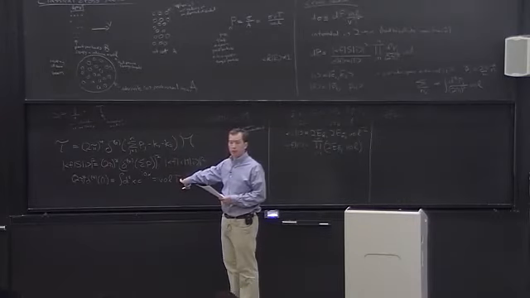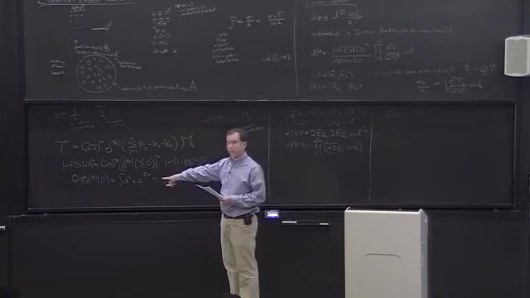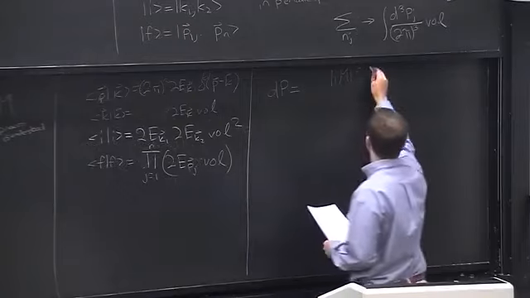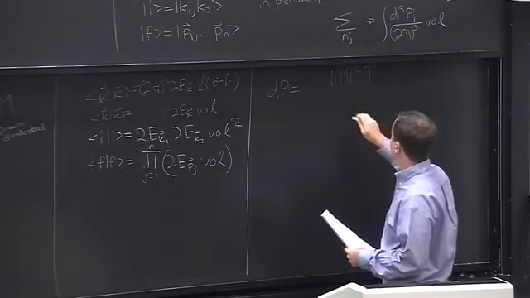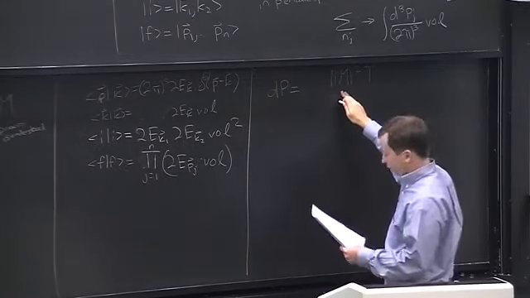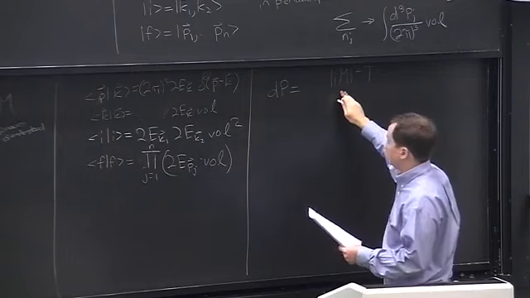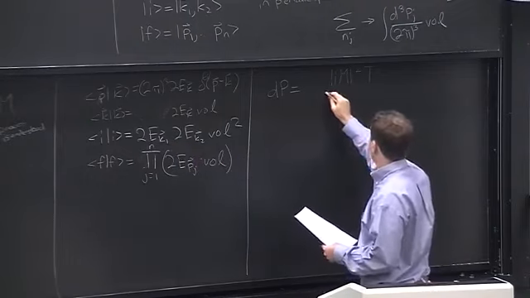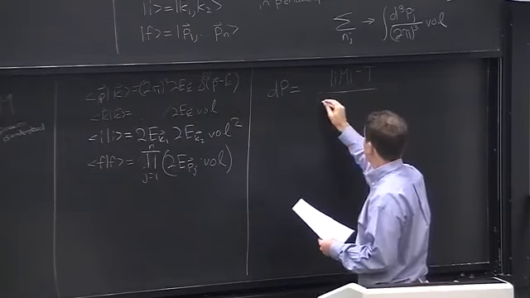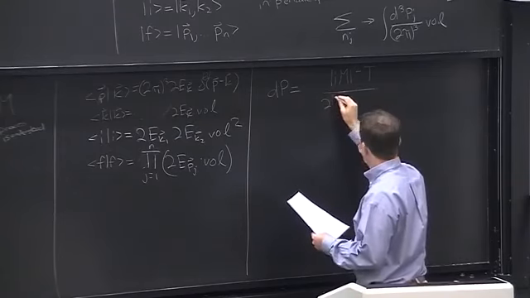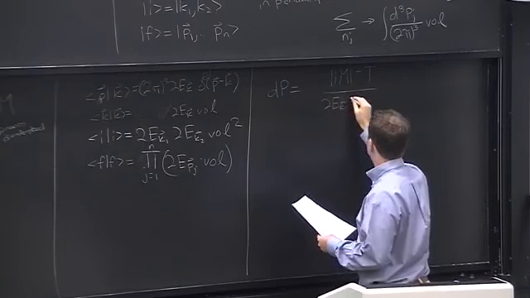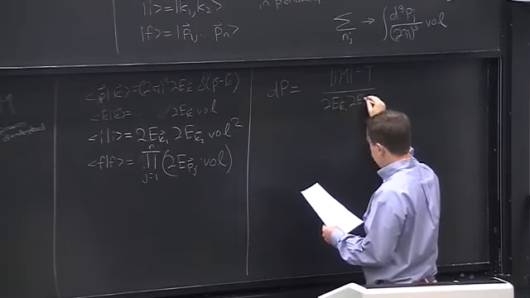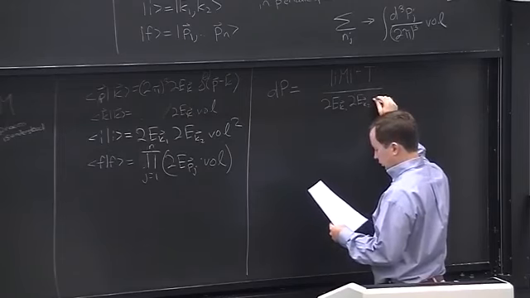That's the only time we have a 4-dimensional delta. So that's the only factor of T we're going to get. We also have from the denominator a factor of 2 ek1, 2 ek2.